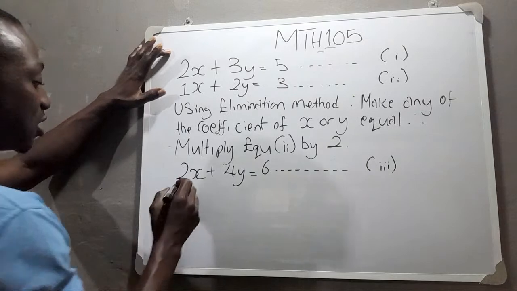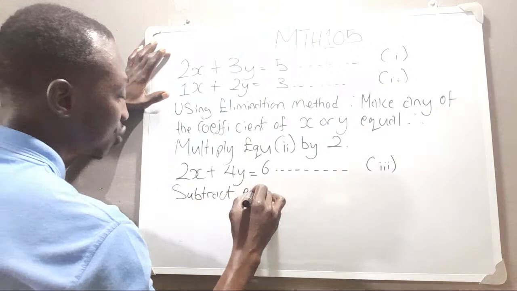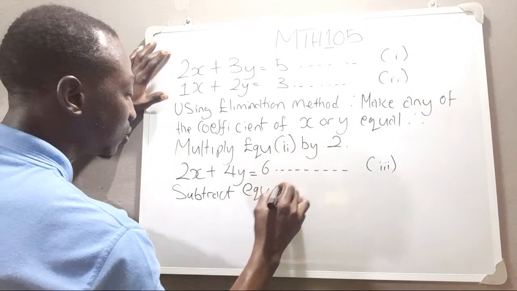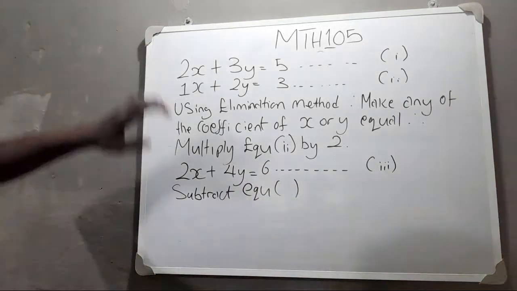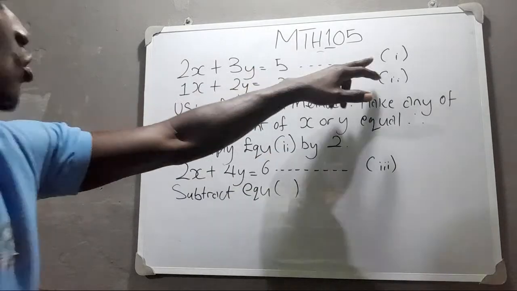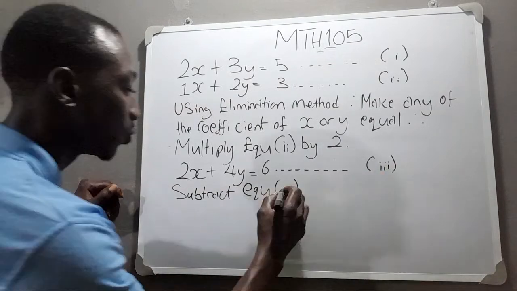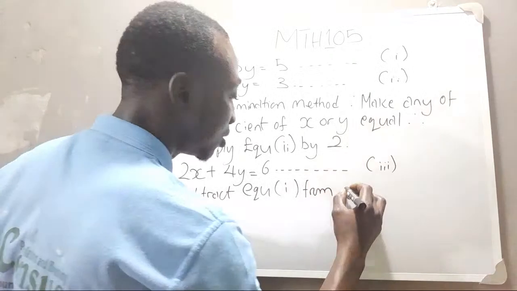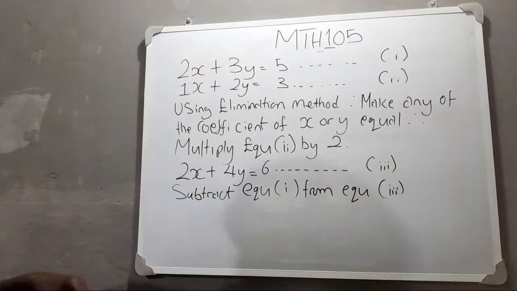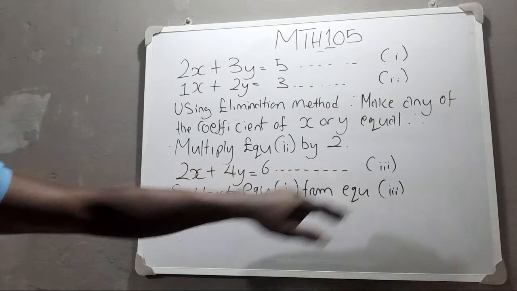And let's now say subtract equation 1 from equation 3. Now subtracting equation 1 from 3, then we'll have these two.